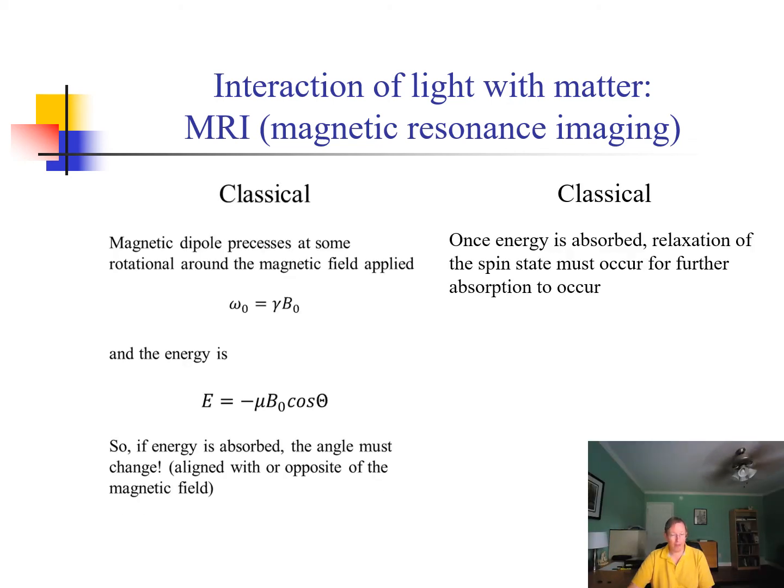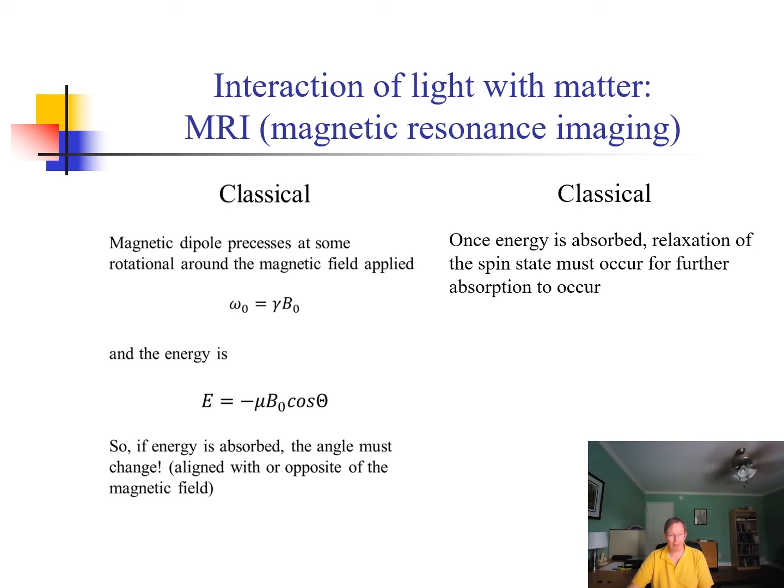Now, because I have them in a magnetic field, they're going to precess in that magnetic field. That means they're going to oscillate or rotate, with a population aligned with the applied field, and there'll be a population that is opposed to the field. In general, I'll have a slight difference in the populations of those two, so that I'll have a little bit more aligned with as opposed to against.